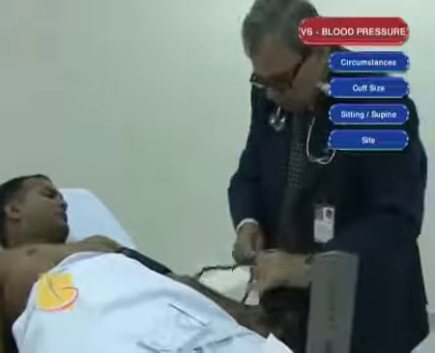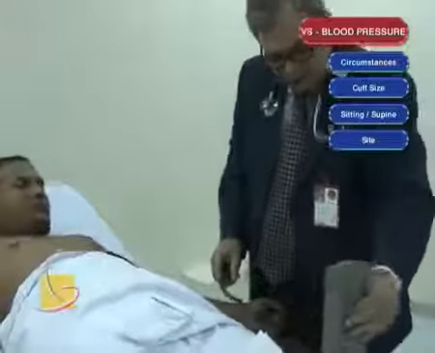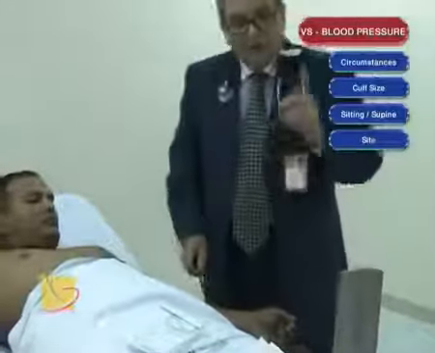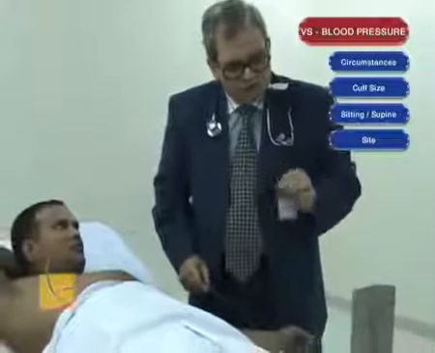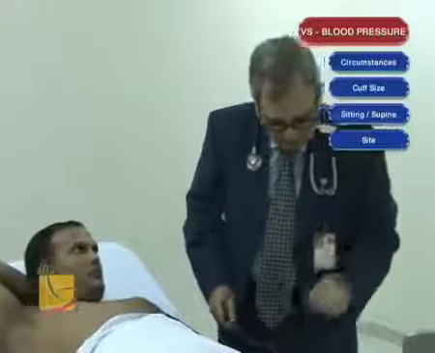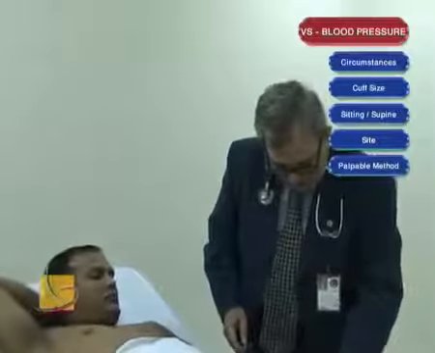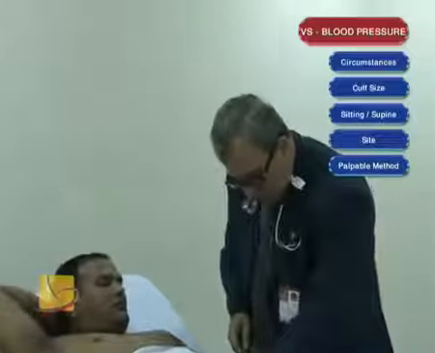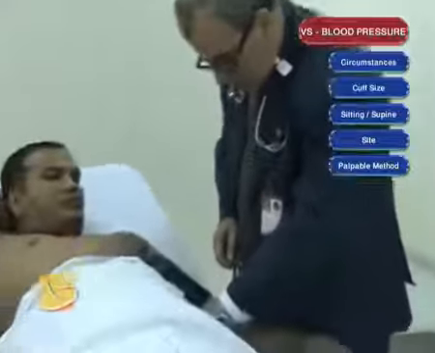this bulb to be able to inflate whenever I want, and I keep my eyes on the mercury column. I start with what is called the palpatory method of measuring the systolic blood pressure, by palpating the radial pulse like this, or the brachial pulse. It will also be a chance to know where the brachial artery pulsation is for the stethoscopic method.